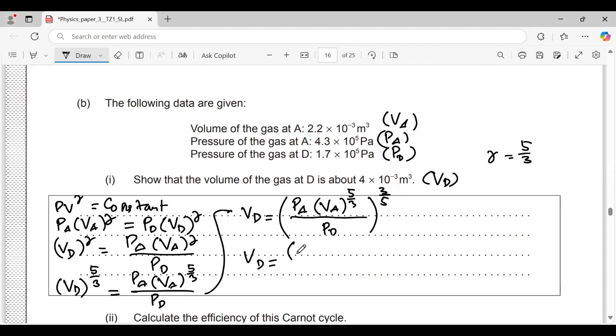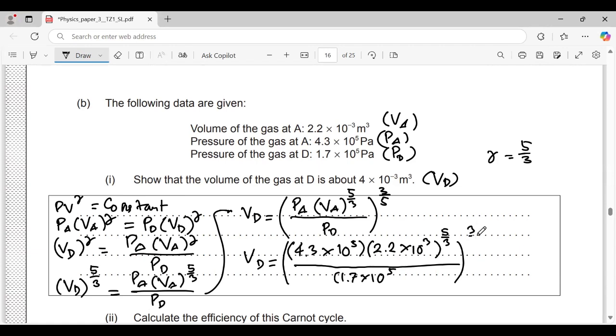PD equals PA, this one, 4.3 times 10 to the power 5. Then VA, this one, 2.2 times 10 to the power minus 3, to the power 5/3, over PD, this one, 1.7 times 10 to the power 5, all to the power 3/5.